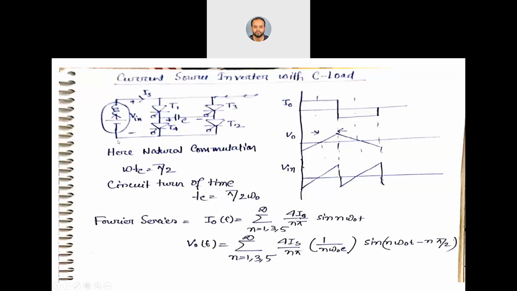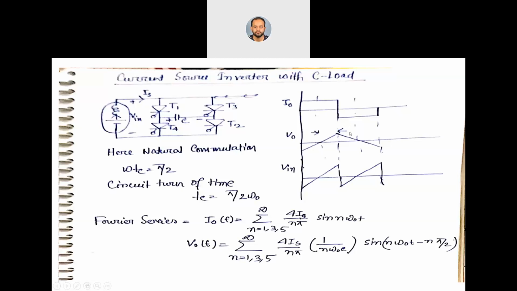If we apply KVL, if we use a voltage source with the inductor, the input here is the current. The main thing is that here natural commutation is possible. Why? From this to this, T1 and T2 are conducting and the voltage across the load is positive.